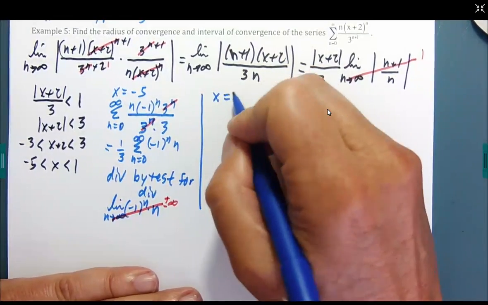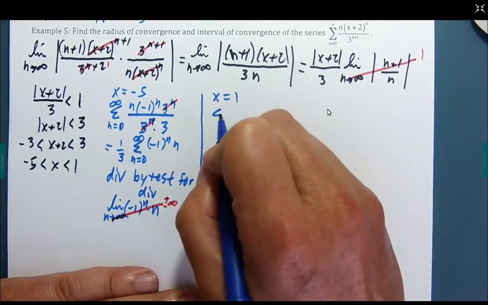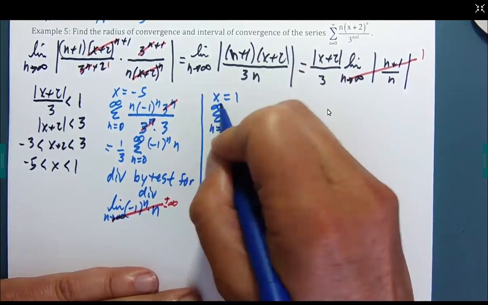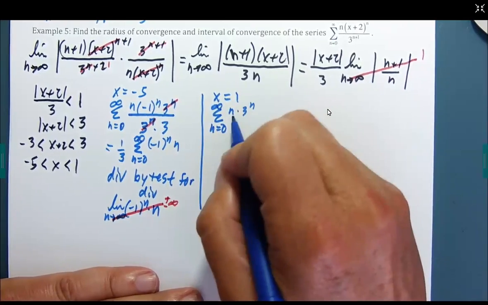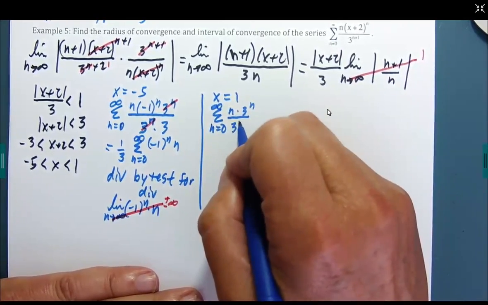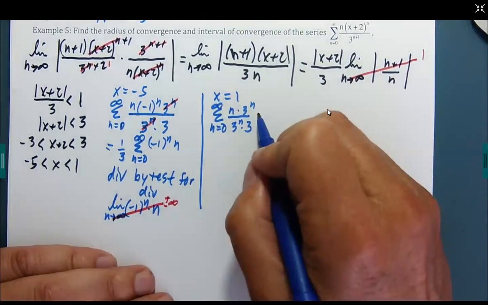How about x equals 1? You see that 1 plus 2 is going to give me 3 to the n. That gives me n times 3 to the n over 3 to the n times 3. I'll do it that way. 3 to the n's reduce out.